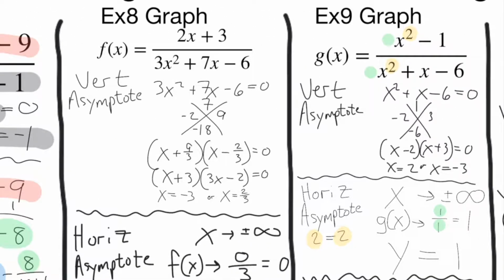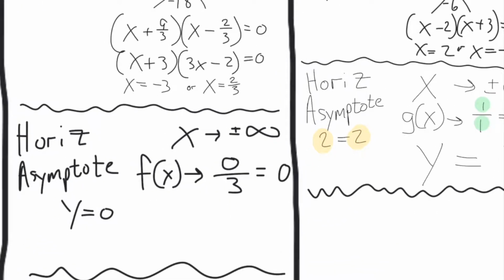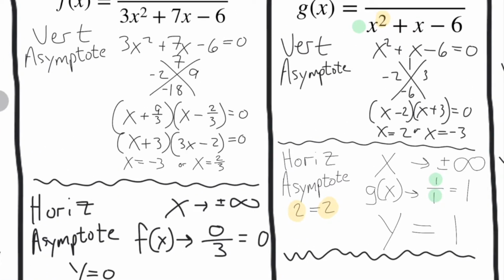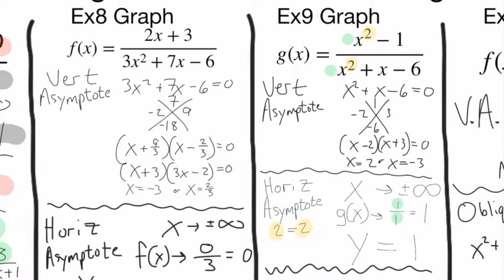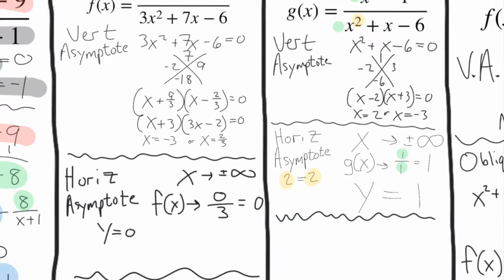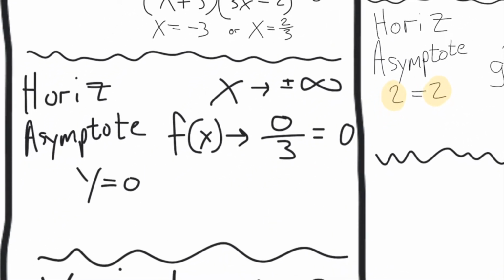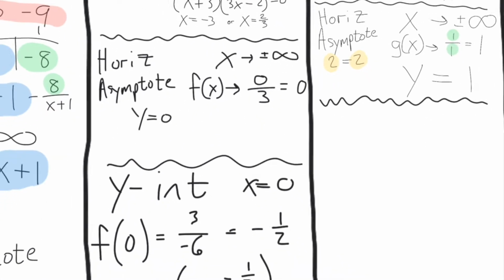I think we're going to have a horizontal asymptote, because we can see that as x approaches positive or negative infinity, the function itself is going to approach 0. Why? Because the leading term in the denominator is 3, and if you wrote the numerator as 0x cubed, then it would be 0 over 3. Those are the two leading coefficients. And so then you're going to have a horizontal asymptote at y equals 0.